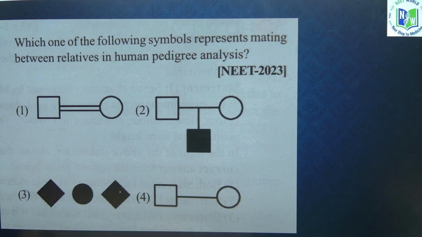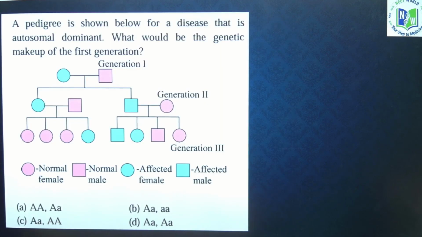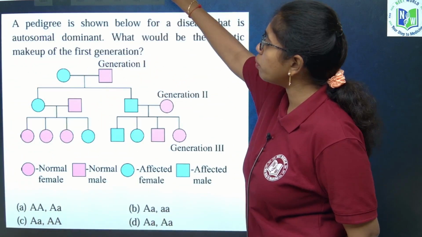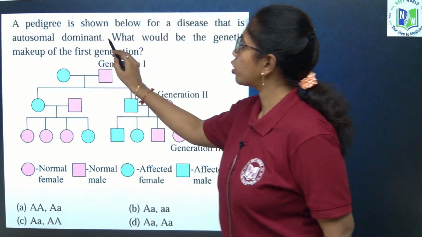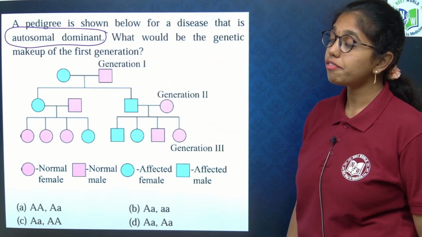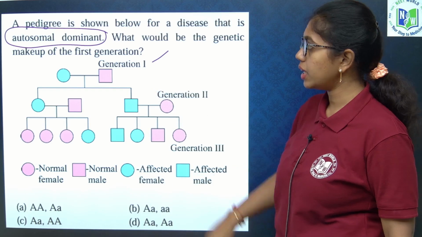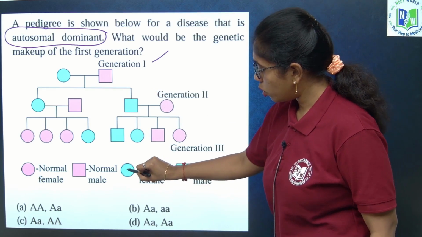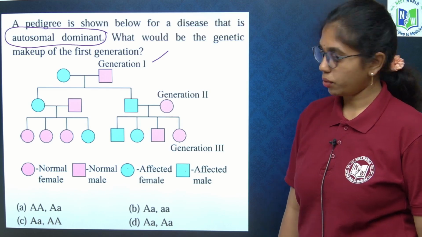Next, the last question. Look into it more clearly. Here a pedigree is given for a disease that is autosomal dominant. What would be the genetic makeup for the first generation? Generation 1, he is asking. Blue color indicates the affected individuals.